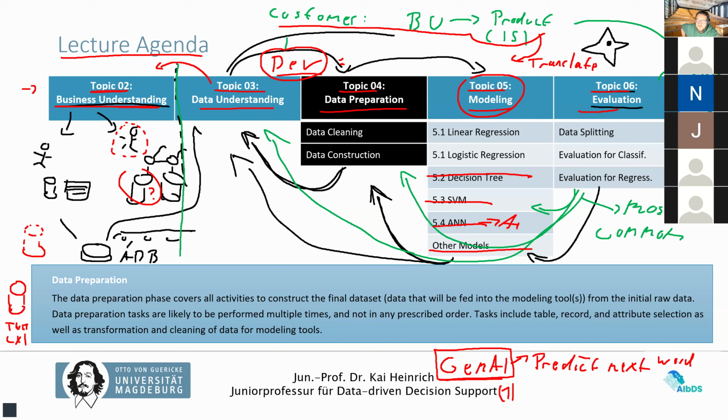Because the goal is to predict the next word. What does our training data look like? Just think about it. You don't have to know anything about the models. The goal is to predict the next word based on the context we have so far in a sentence.